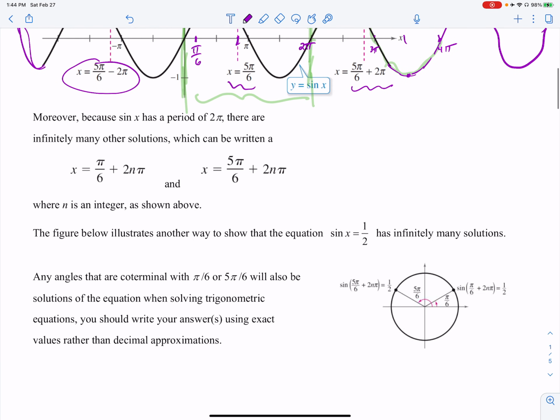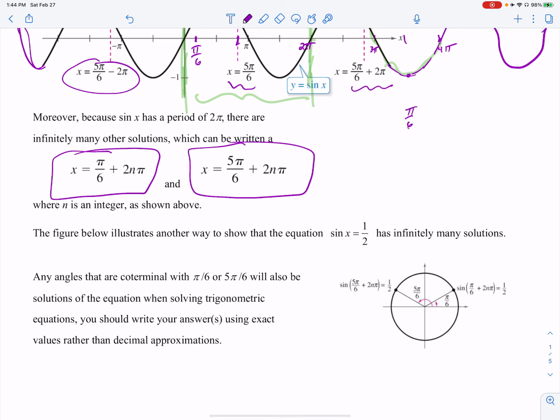So that's what I have right here. And they do this to write it concisely. We can't just say x can be pi/6, and then I have pi/6 plus 2 pi, and then pi/6 plus 4 pi, and pi/6 plus 6 pi, or go backwards, pi/6 minus 2 pi, pi/6 minus 4 pi, but it keeps on going in both directions.